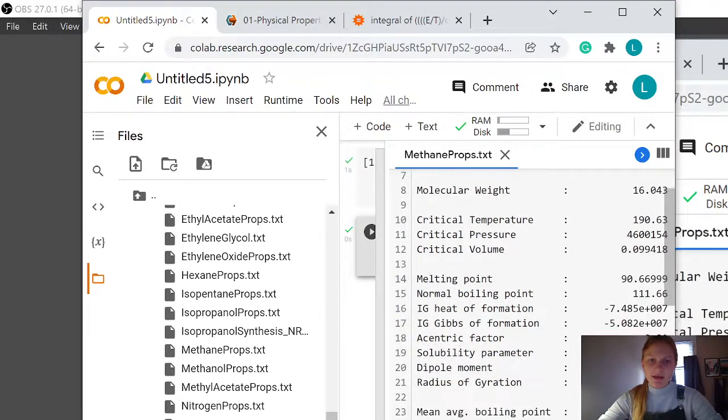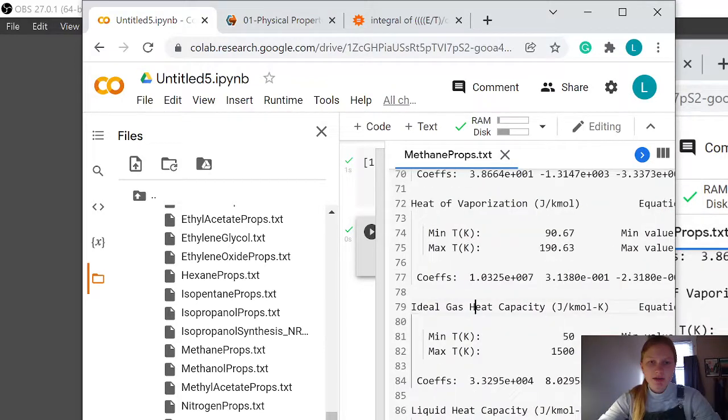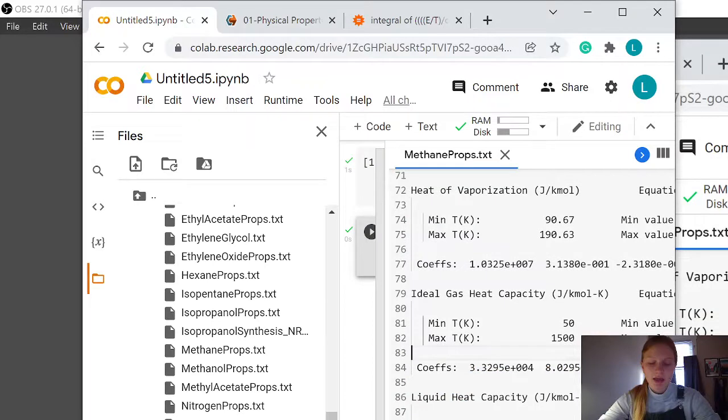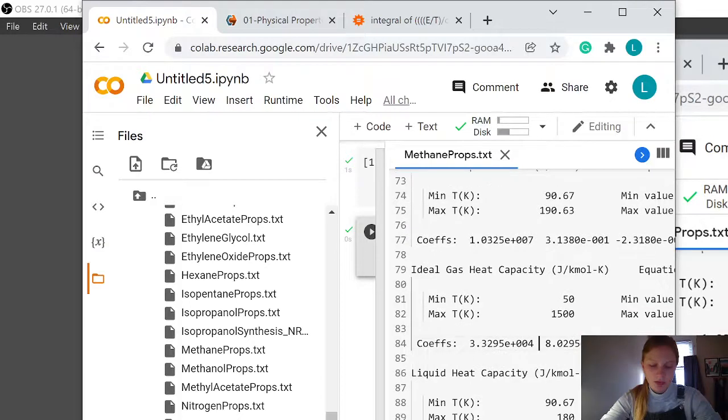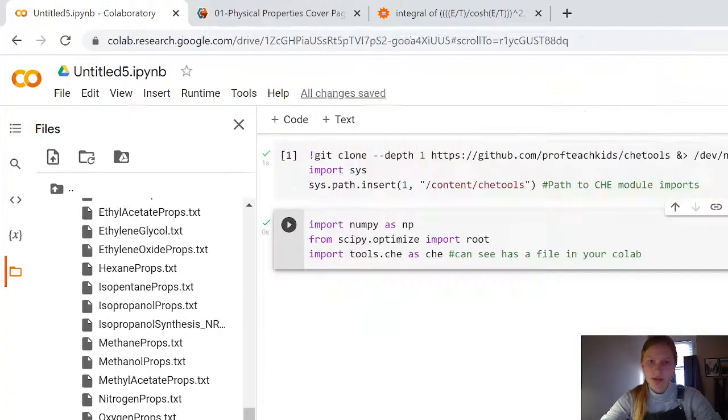Ideal gas, heat of formation, ideal gas here, and it gives us our coefficients here. And we want to note that it's in kilomoles here. So we're going to have to take that into account by multiplying by 1,000 and dividing by 1,000 in our sensible heat equation. So that's what we're going to do for that.